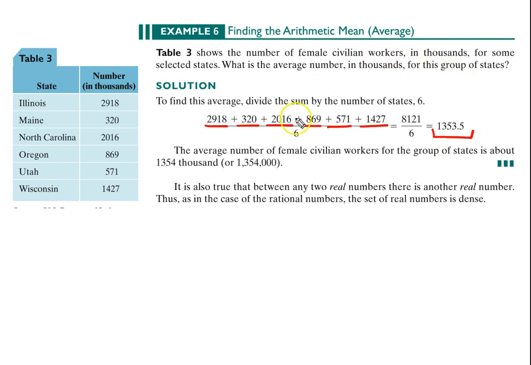Now remember, our numbers, though, are in thousands. So you could write it this many thousands, or take this number and just add the 3 zeros. So be sure, again, you have this. If this were a quiz question, I would say example 6 from our booklet, as opposed to the PowerPoint slides.